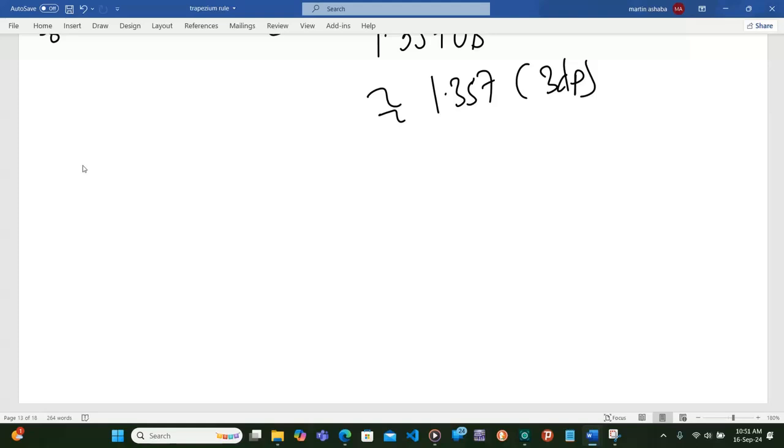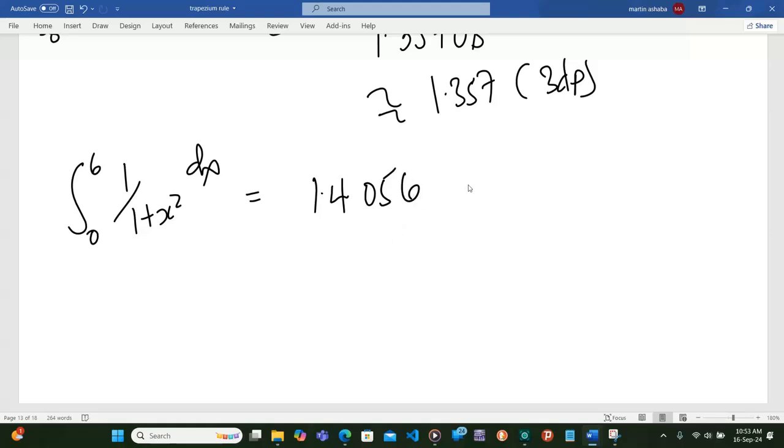And if I calculate the integral from 0 to 6 of 1 out of 1 plus x squared with respect to x, I'm going to use my calculator: the integral of 1 divided by 1 plus x squared, from 0 to 6. My answer is 1.4056.